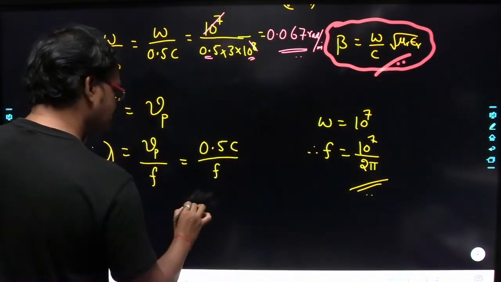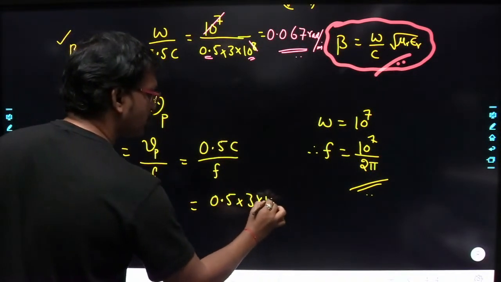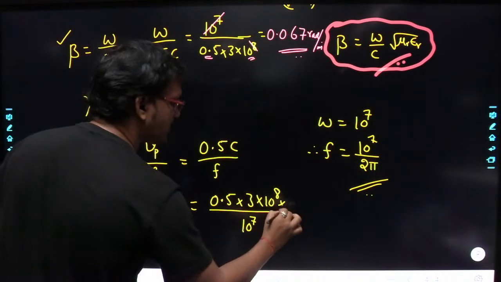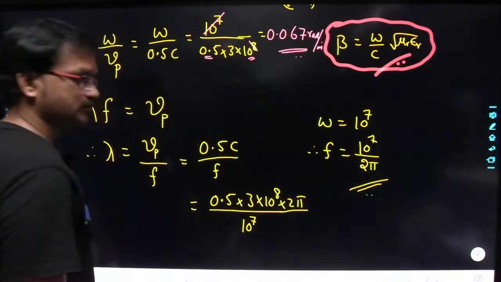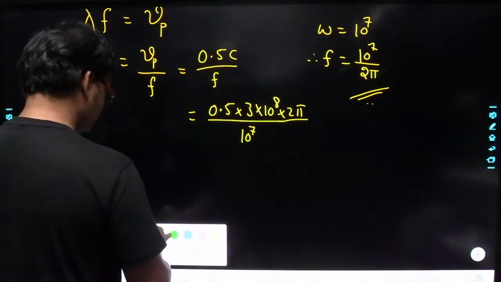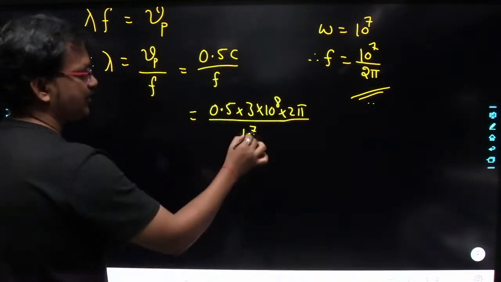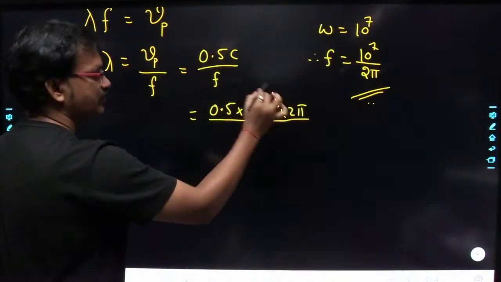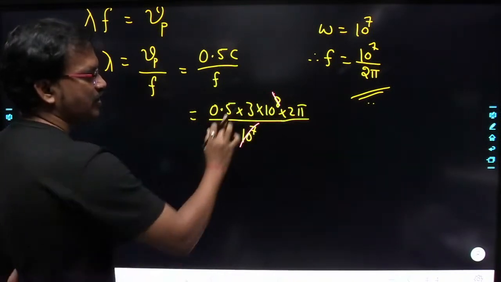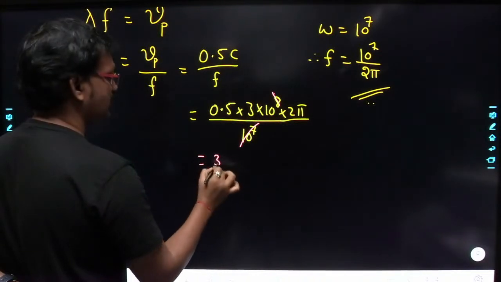So substitute these values here. What you are going to get? 0.5, c value is 3 into 10 to the power of 8, and frequency is 10 to the power of 7 divided by 2 pi. So that means you are going to get 2 pi here. If you do this, what is the answer? 10 power 7 and 10 power 7 will get cancelled. So 0.5 into 10 you get 5, 5 into 3 is 15, 15 into 2 is 30, 30 into pi.